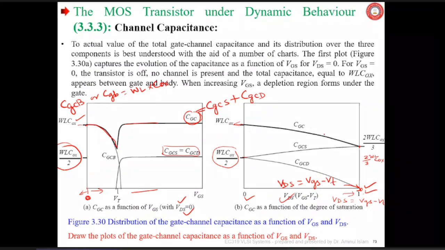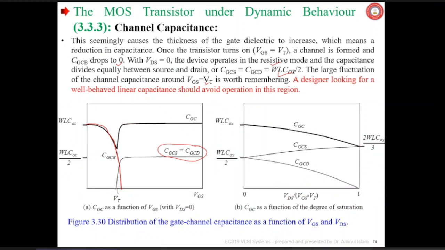Of course, the total channel capacitance CGC at any point is the summation of these two capacitances. Okay, so any doubt in this plot or discussion? If no, then I'll go ahead.